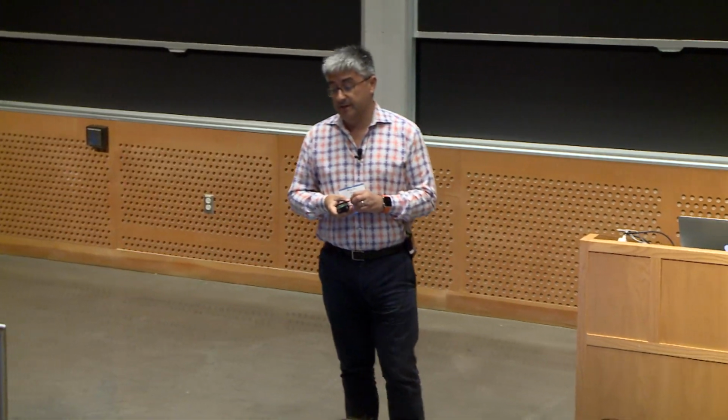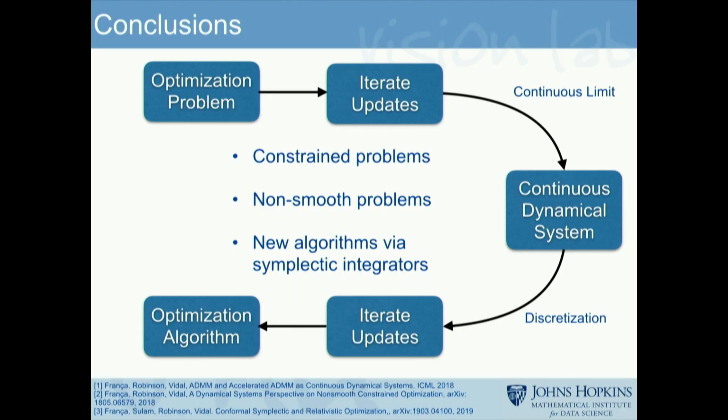So to summarize, what we are trying to do is to put together dynamical systems and optimization. This is a very old field since the 1800s due to Cauchy. And there are two major directions. The first one is, can we take optimization problems and analyze them by analyzing the continuous system?